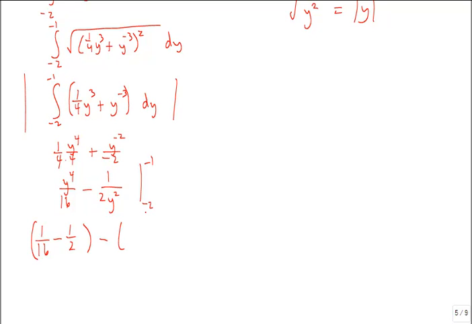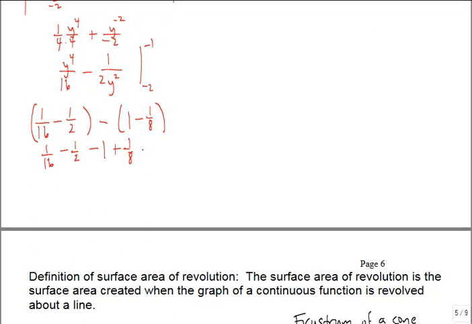When I plug in negative 2, again it's going to become positive. 4 times 4 is 16, and 16 over 16 is a 1. And 2 squared is 4, 4 times 2 is 8, so this will be a 1/8. So I have a 1/16, a minus 1/2. When I distribute my negative, I get a minus 1 and a plus 1/8. And I'm going to show you what we get here with our common denominators.